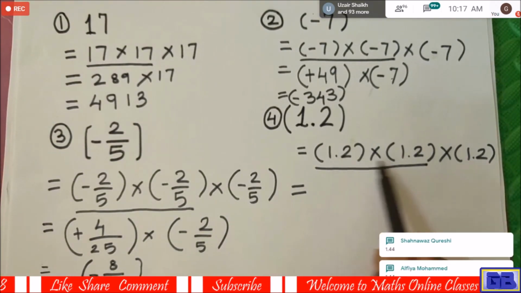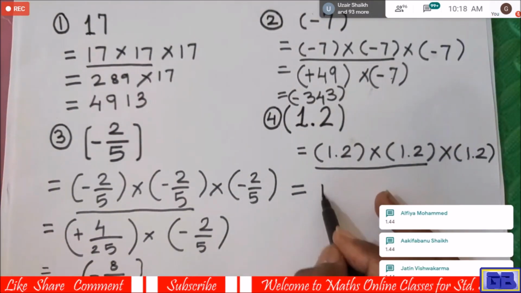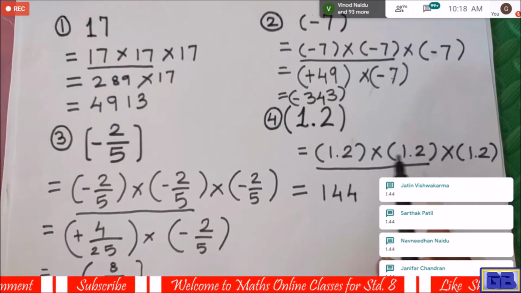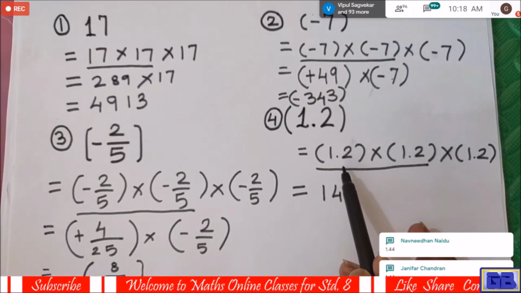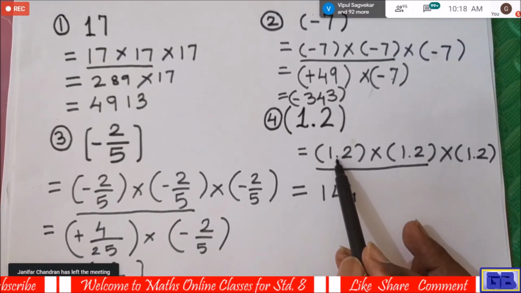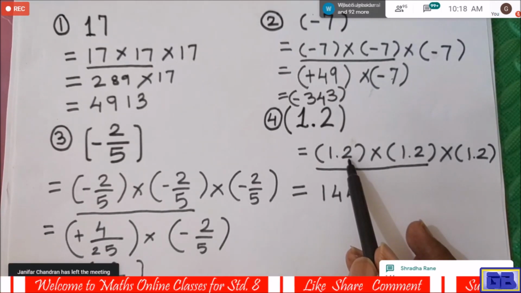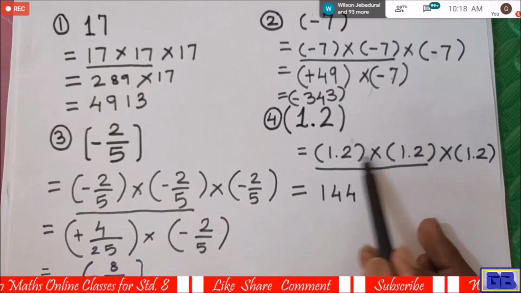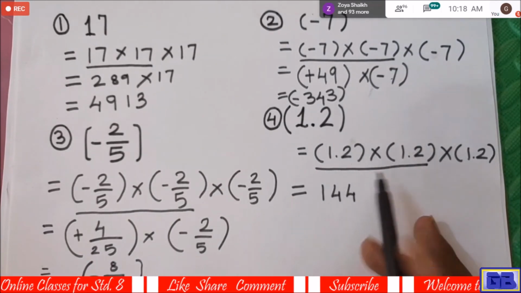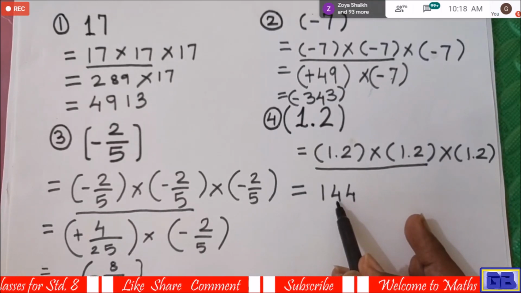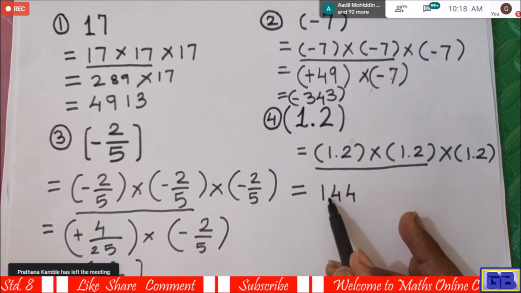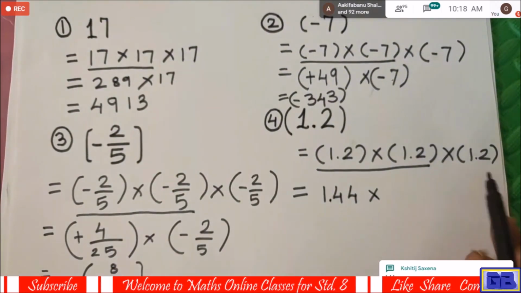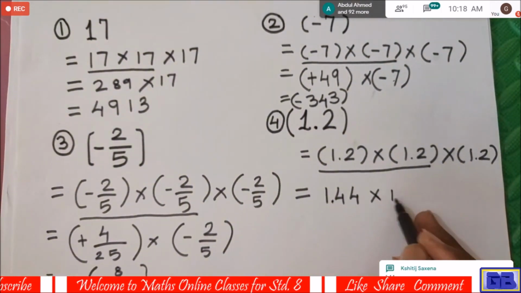So 12 multiplied by 12, answer comes 144. By the rule of decimal numbers, after the decimal point here one digit is there, and after this decimal point there is one digit. Altogether there are two digits. So before these two digits, 4 and 4, we have to give the decimal point. Now 1.44 is there.